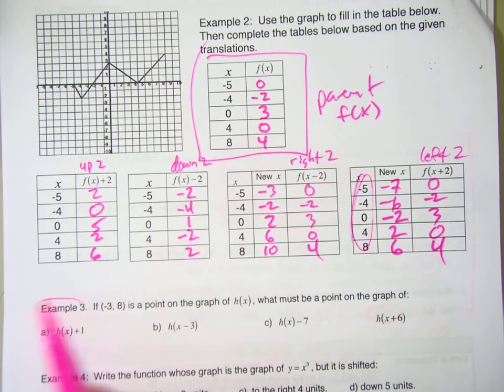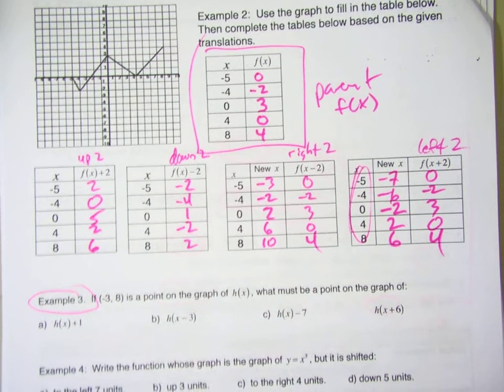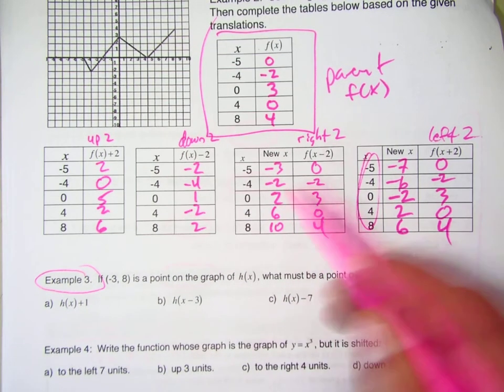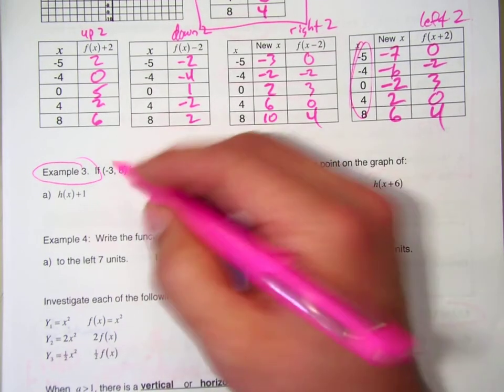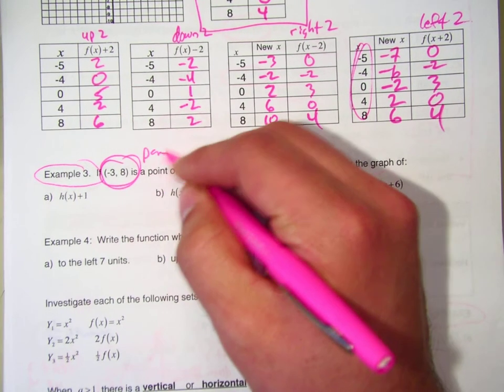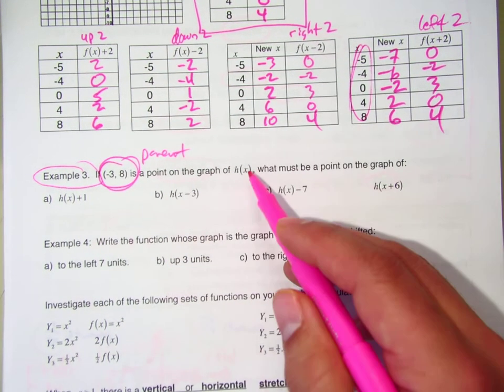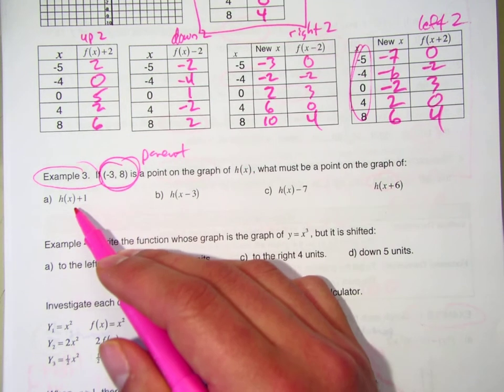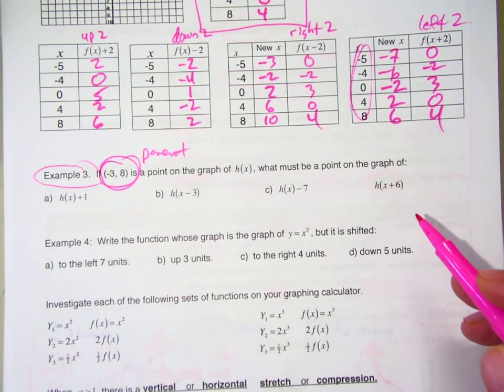Try example 3 on your own. Okay? It's literally just a single point instead of a whole table, but it's the same concept. So if this is the parent point on the graph of h of x, where's the new point going to be when you look at each one of these 4?